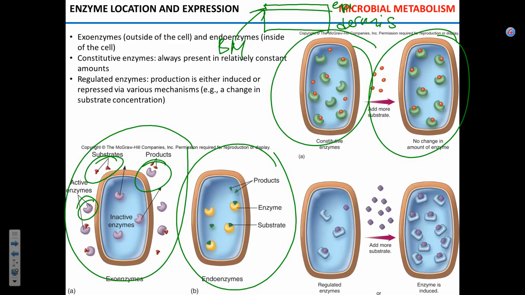No matter if you have little substrate, if you have a lot of substrate, levels of enzymes produced in the cell stay the same. Contrary to this, a lot of enzymes are regulated. When, for example, increased amount of substrate will lead to the increasing amount of the enzyme. So you see the difference between constitutively produced and regulated enzymes.